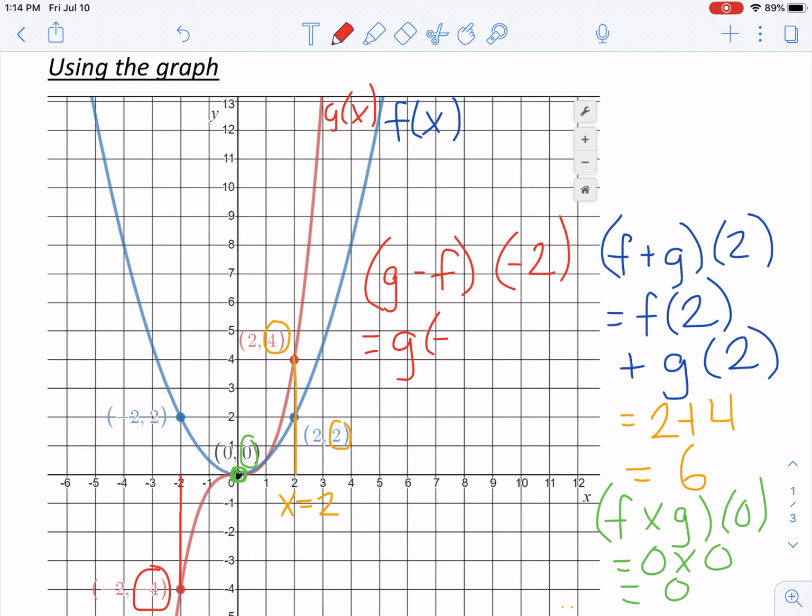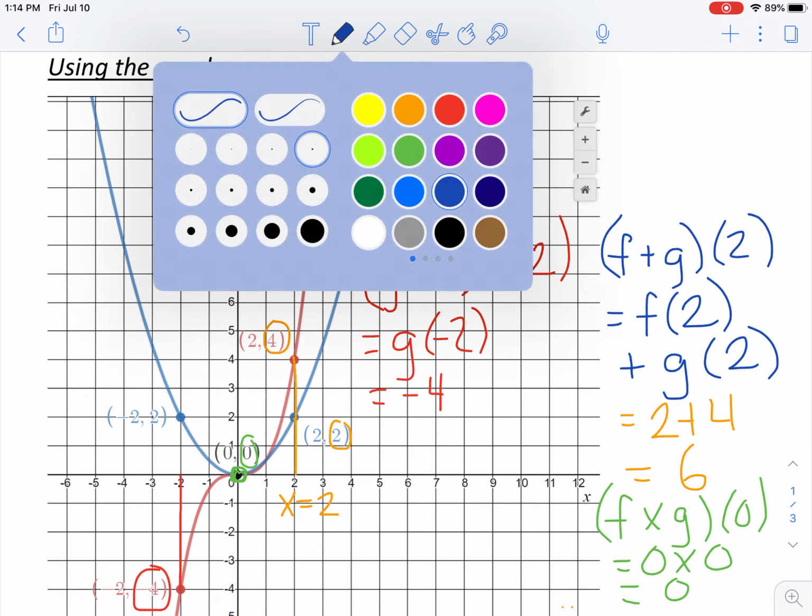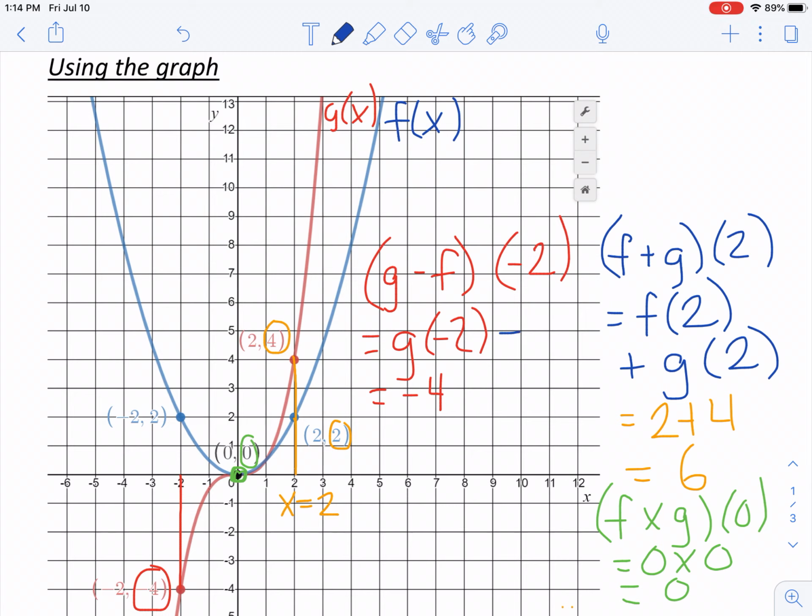So g at negative 2 is negative 4. And then we are going to subtract f at negative 2, which is the blue graph. So we're going to go up here, and its y value is 2. So f at negative 2 is 2, and negative 4 minus 2 equals negative 6 is my final answer.